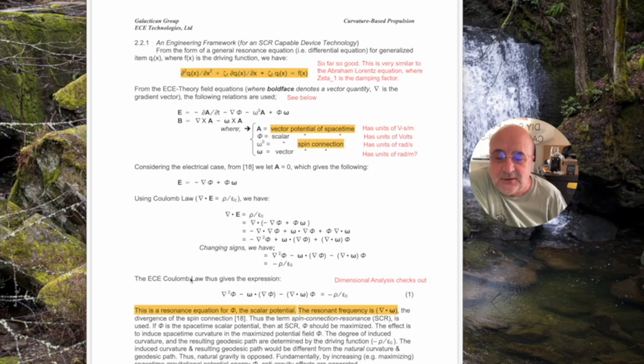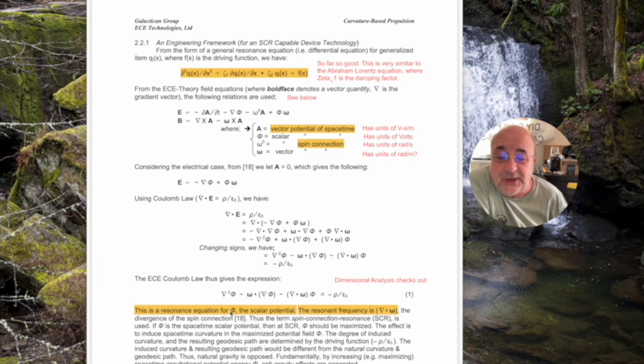Everything checks out. And the ECE Coulomb law thus gives the expression del squared phi minus omega dot the gradient of phi, minus omega dot, del dot omega, or the divergence of the omega vector times phi, equal to the charge density over epsilon naught.